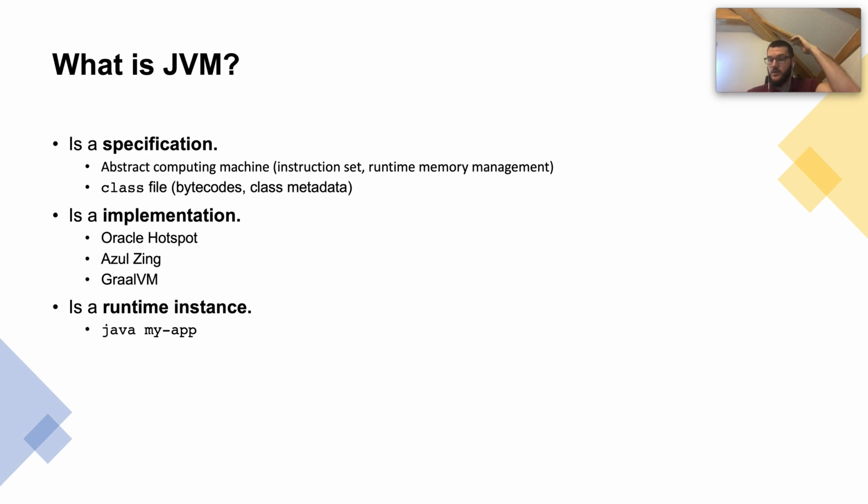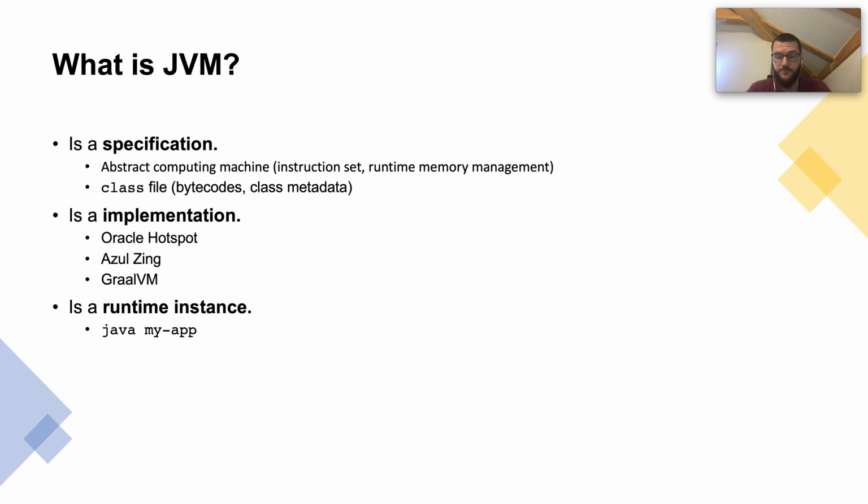The .class file is a result of compiling a .java file. So when we compile a .java file, we get a .class file, and this .class file is then run with the Java tool, the Java command.